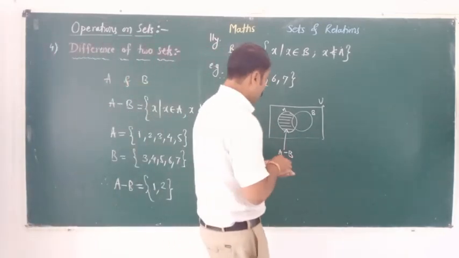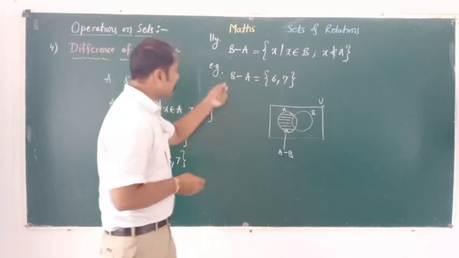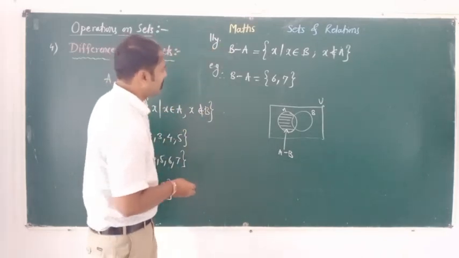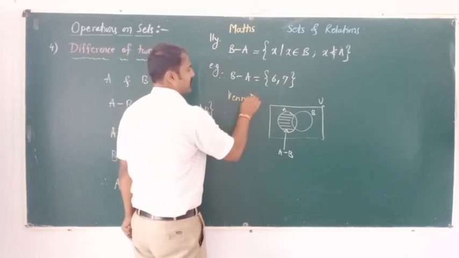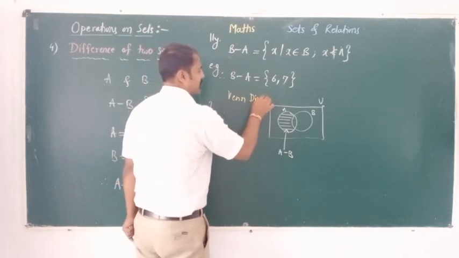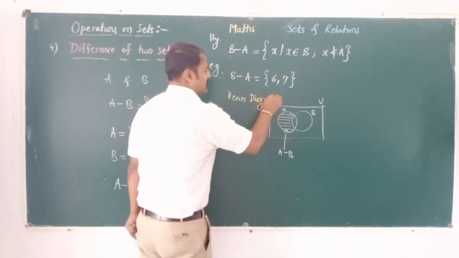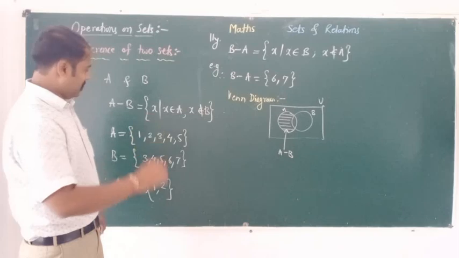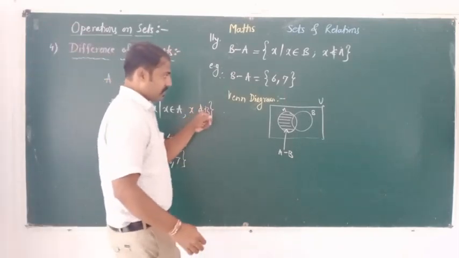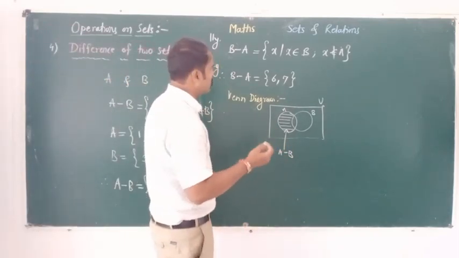From our definition, we represent B minus A by shading that portion with yellow chalk.